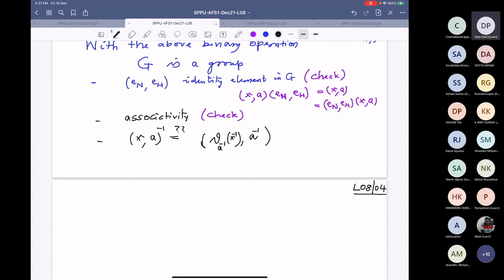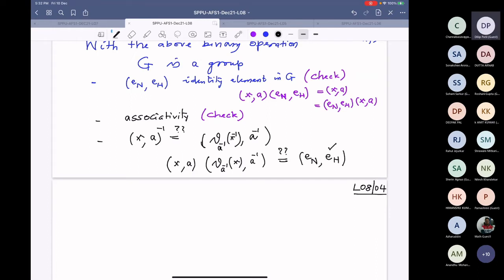Let us fix it. So, what do you want this to be? That means if I multiply this side, theta a inverse, let us say if you are saying (x, a inverse), and if I multiply this by (x, a), what should I get? I should get the identity on N and the identity on H. This is no problem.